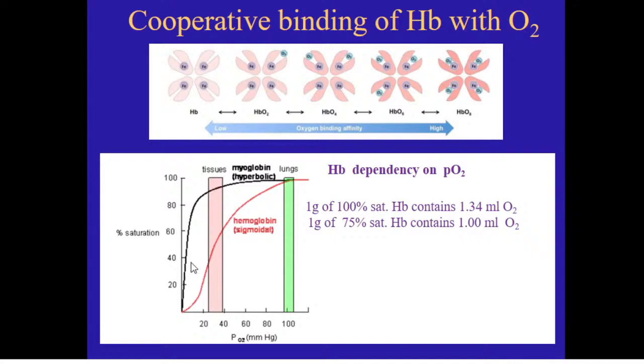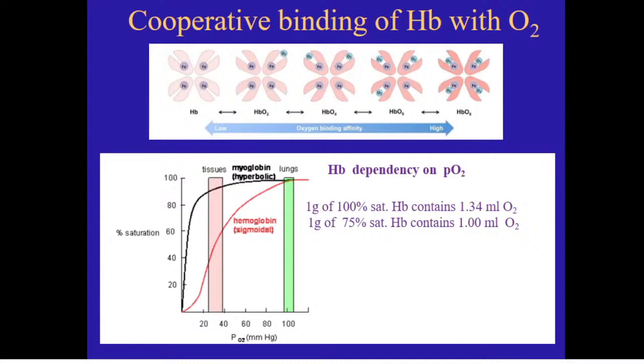Myoglobin can interact only with one molecule of oxygen, and at low partial pressure of oxygen, it is nearly completely saturated. Why is it necessary? It means in tissue, where partial pressure of oxygen is very low, it is high in lungs, understandable, myoglobin can keep oxygen as much as it can.